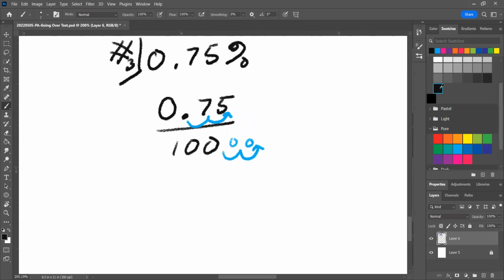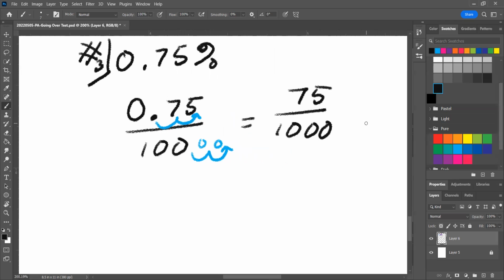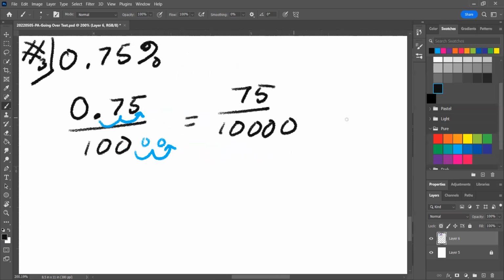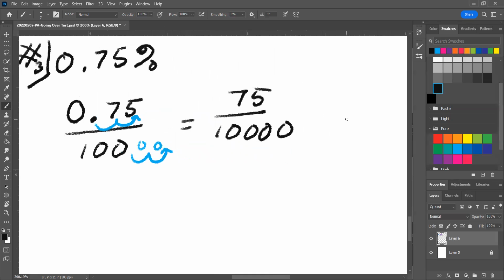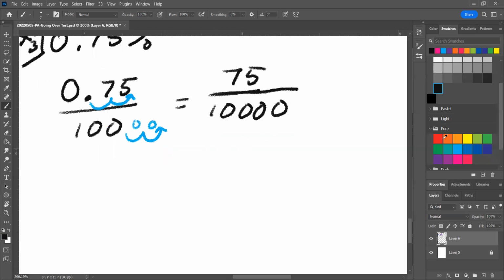So this is not reduced, but this equals 75 over 10,000. Now we need to reduce that thing. So what should we do to reduce it? Let's try it. What's 10,000 divided by 75?